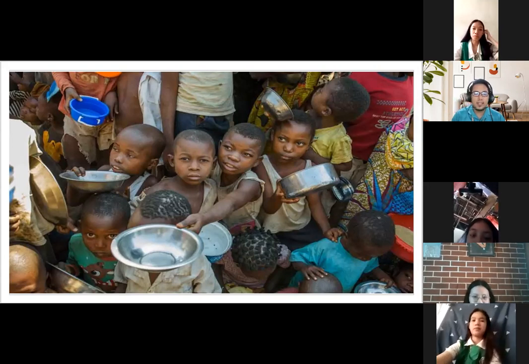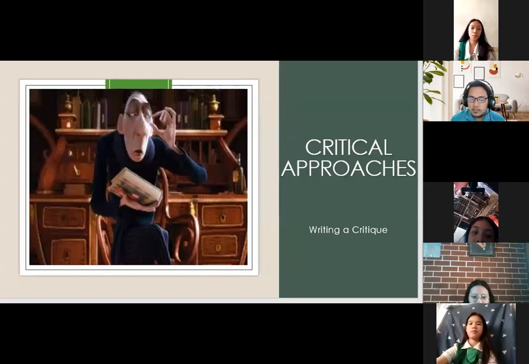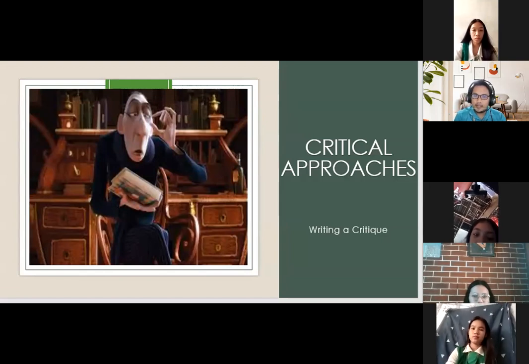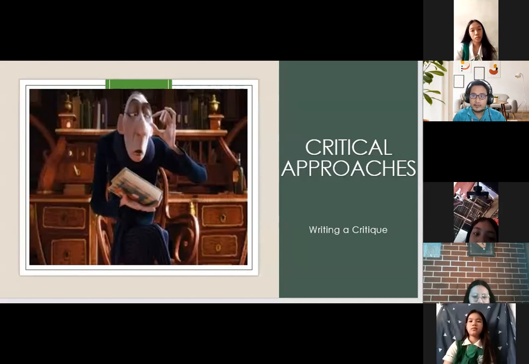Our lesson is critical approaches, which is writing a critique. How can we critique a particular material or text? We are going to critique it by following the different theories and approaches that can be used in criticizing a particular paper.